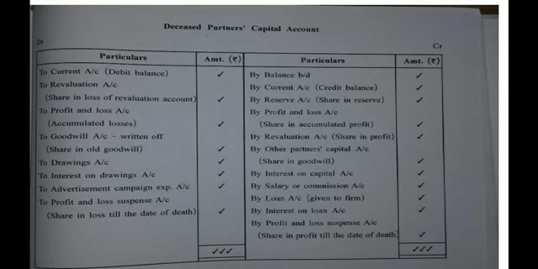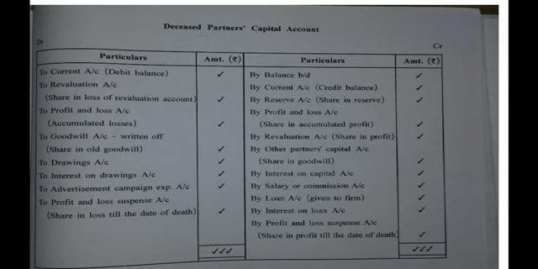Then further, by other partners' capital account, this is share in goodwill. The journal entry that you write down for the adjustment of goodwill, if you remember. Yes, so this is the posting for that. The amount payable to the retiring partner. Here is the amount payable to deceased partner.